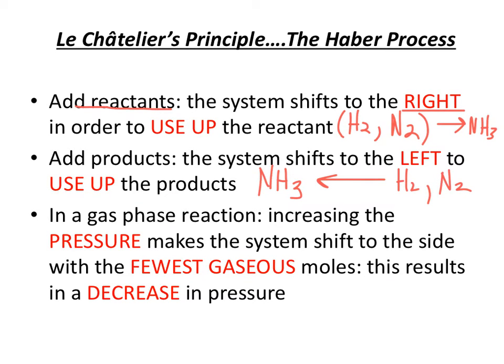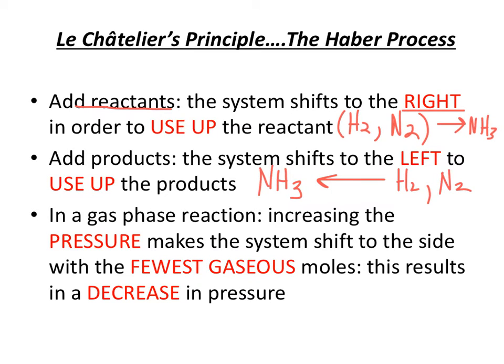If we are talking about a gas phase reaction, which we are in the case of the Haber process, increasing the pressure makes the system shift to the side with the fewest gaseous moles of substance.